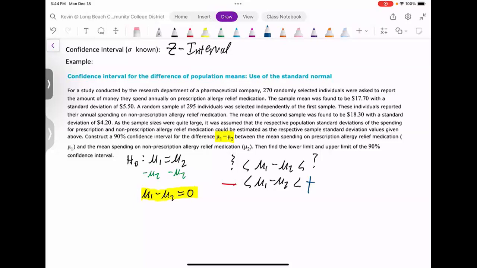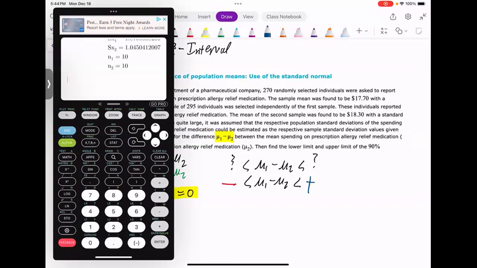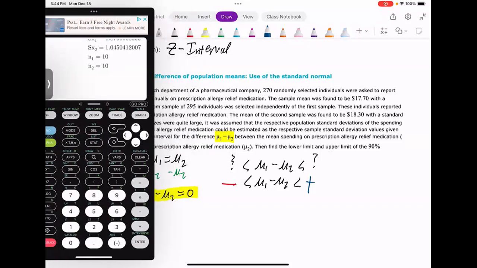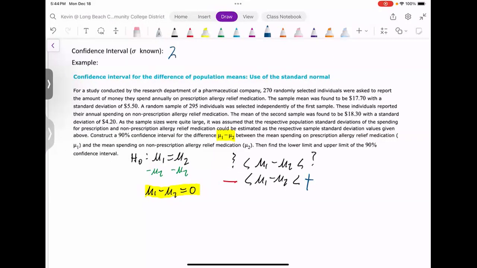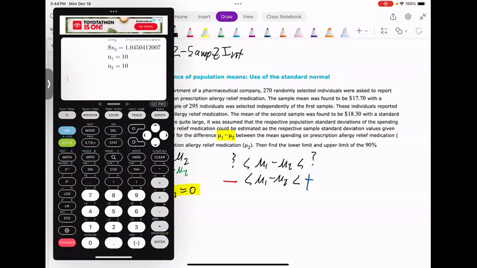So let's go ahead and run our Z interval. I'm sorry, this is going to be not Z interval. This is going to be a 2-sample Z interval. So stat, test, 2-sample Z interval, my number 9, maybe a different number on yours.